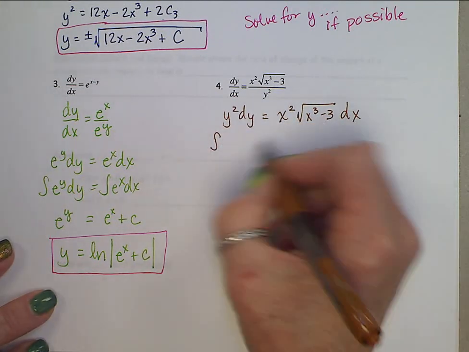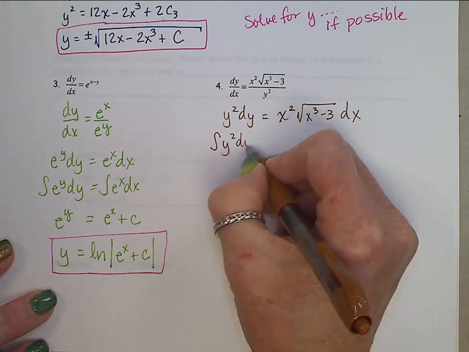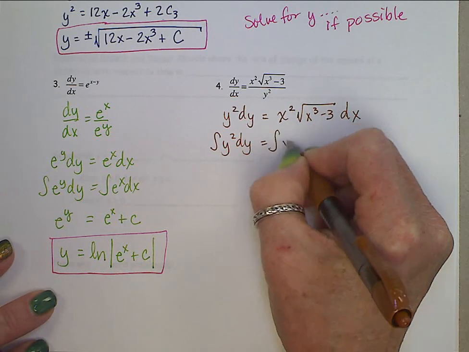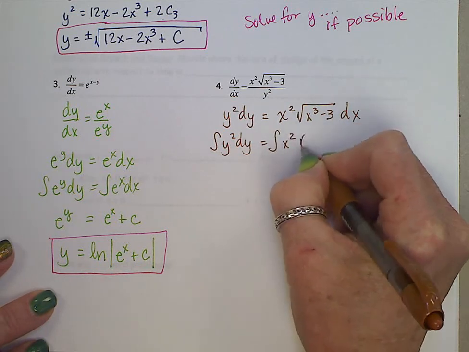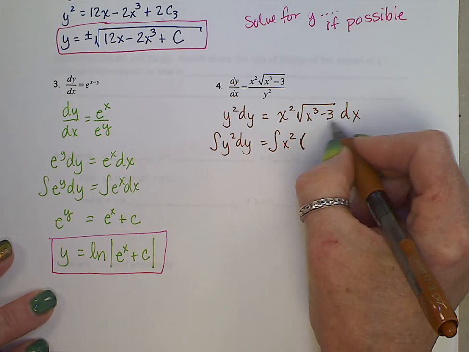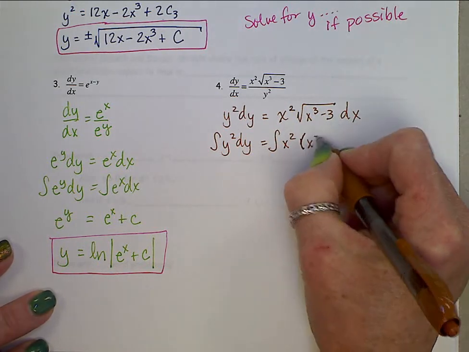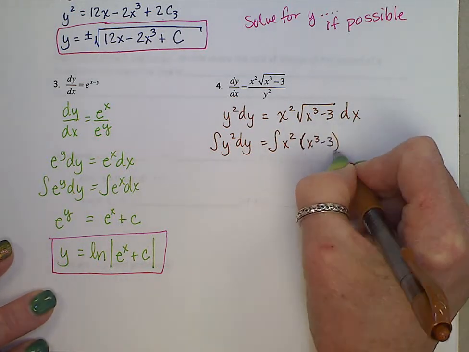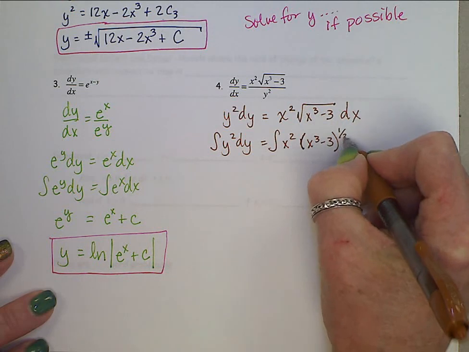Integrate both sides. Since I know I'm going to have to do an antiderivative here, I might as well change this x cubed minus 3 from a square root to a 1/2 exponent.